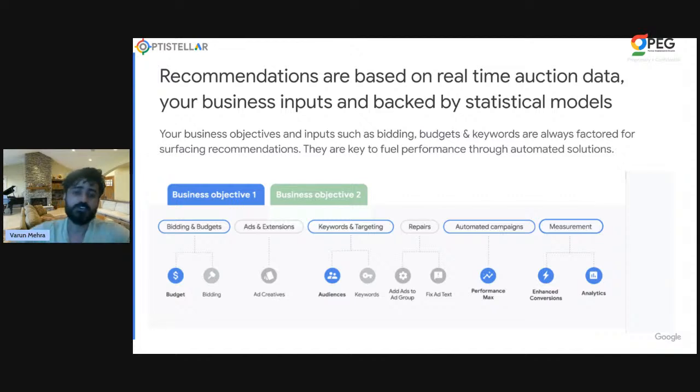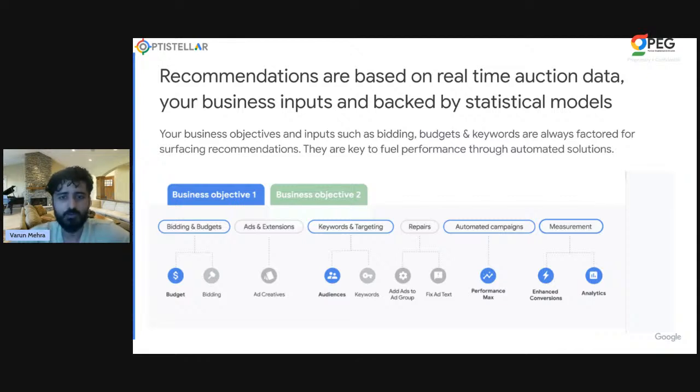Okay, so like I mentioned, these recommendations are based on real-time auction data, right? There are two parts to it. One is your business inputs, the inputs that you as a business or as an advertiser are providing to us. For example, the kind of audiences you have started your campaign with, the kind of keywords you have started your campaigns with, even the negative keywords that you have chosen to go ahead with.